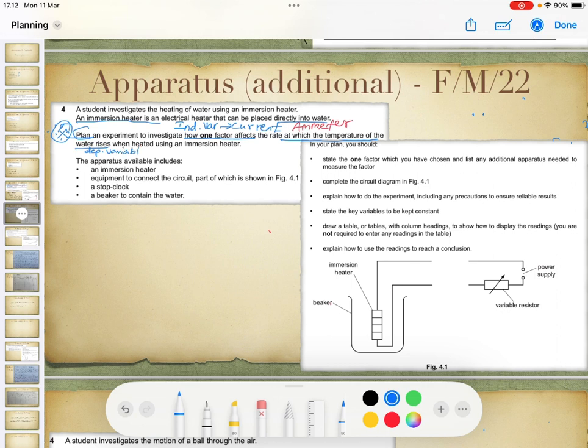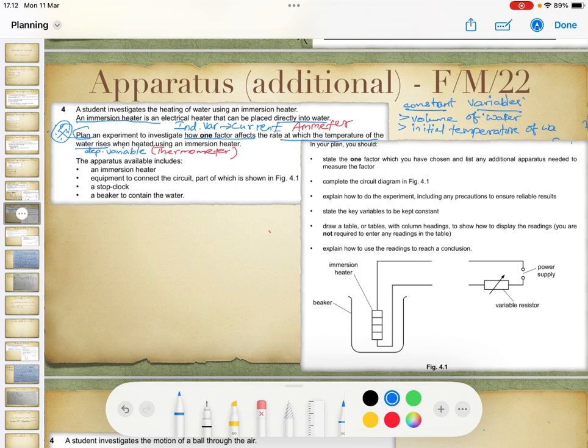So what do I need to measure the temperature? Definitely I need a thermometer, right? And if you remember, what are the variables we kept constant, or controlled variables? In other words, we can call them constant variables. What are the variables we kept constant? Definitely the volume of the water, then the initial temperature of water.